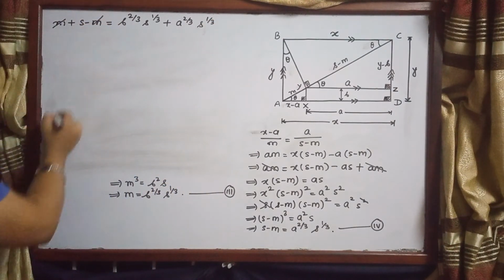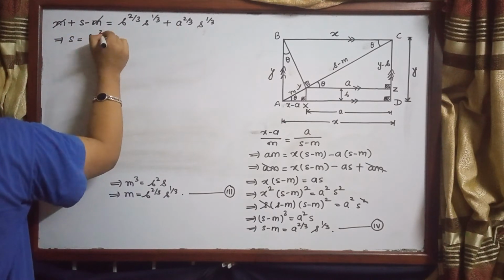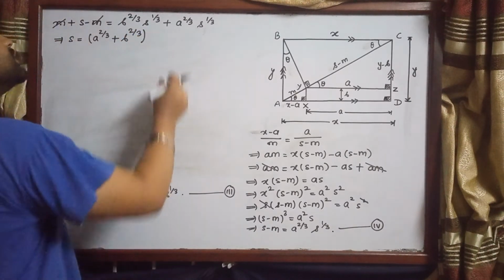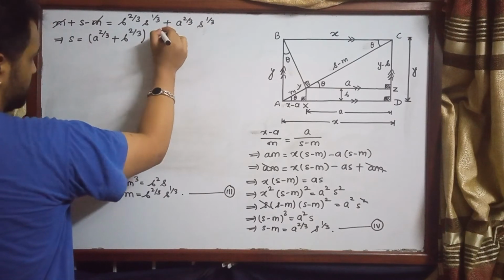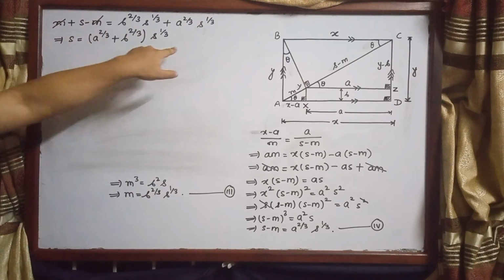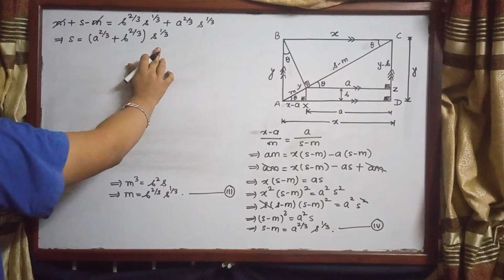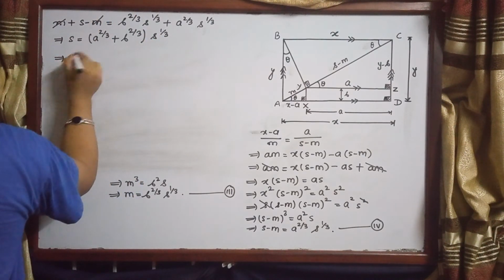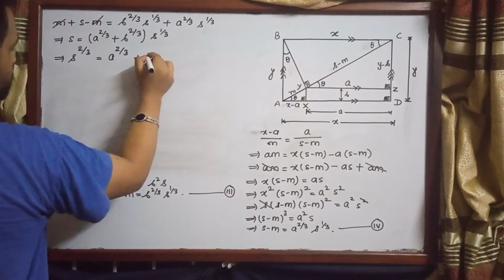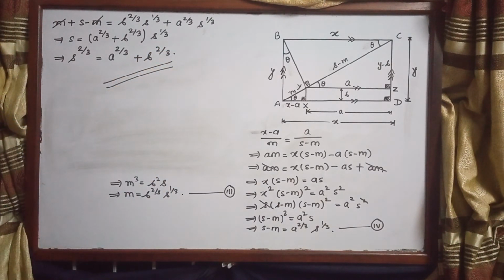We can cancel out these m, and so we get s is equal to a raised to the power 2 over 3 plus b raised to the power 2 over 3, and the common factor in both the terms is s raised to the power 1 over 3. Now we can divide both sides of this equation by s raised to the power 1 over 3, and therefore we obtain s raised to the power 2 over 3 is equal to a raised to the power 2 over 3 plus b raised to the power 2 over 3, which was what we were supposed to prove.